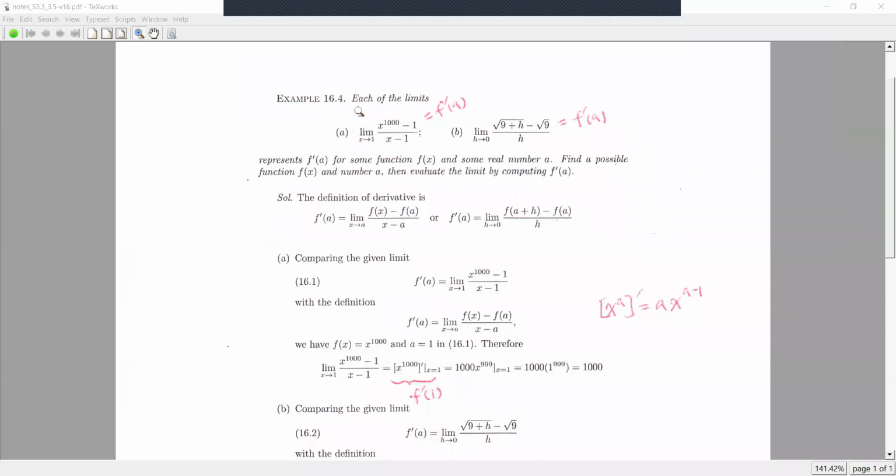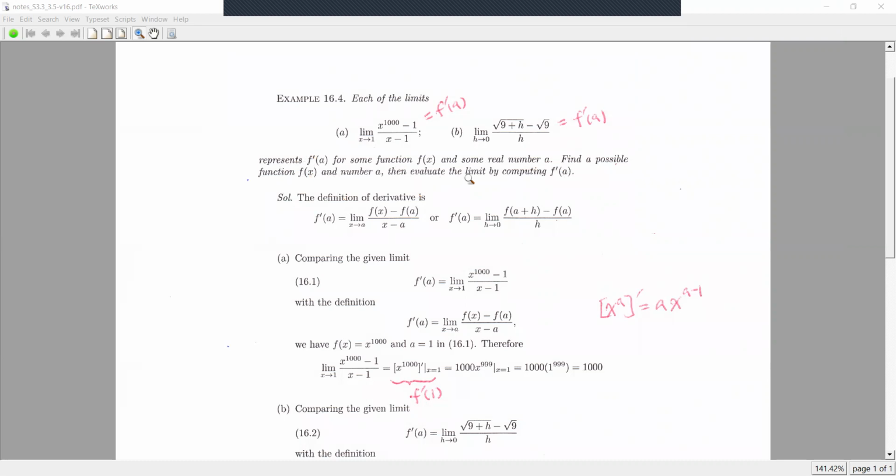Example 4. Each of the limits is the derivative of some function f at some point a. Find a possible function f and point a.